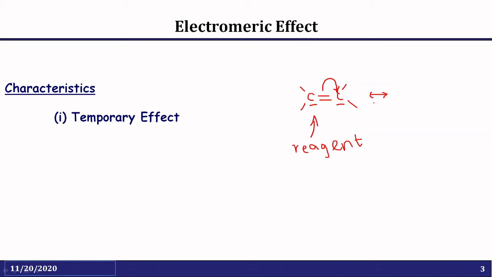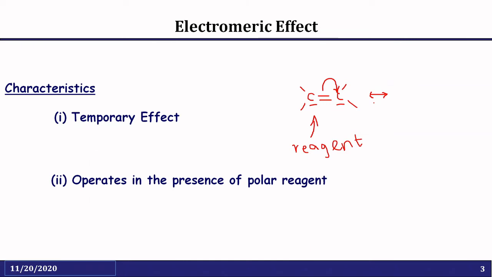So it undergoes displacement and creates this type of charge separation. For example, in the case of carbonyl this is also observed. So this is called the electromeric effect. It is a temporary effect and arises due to the approach of the reagent.